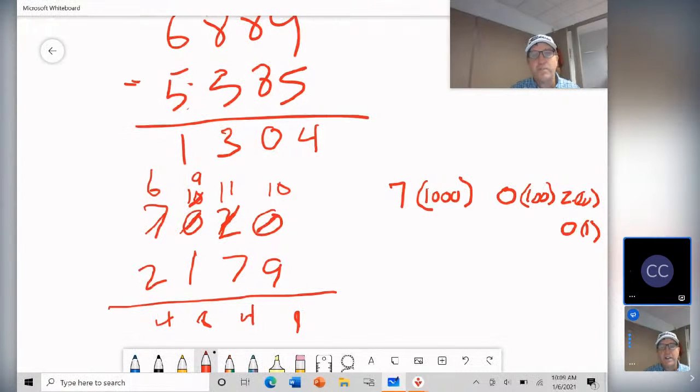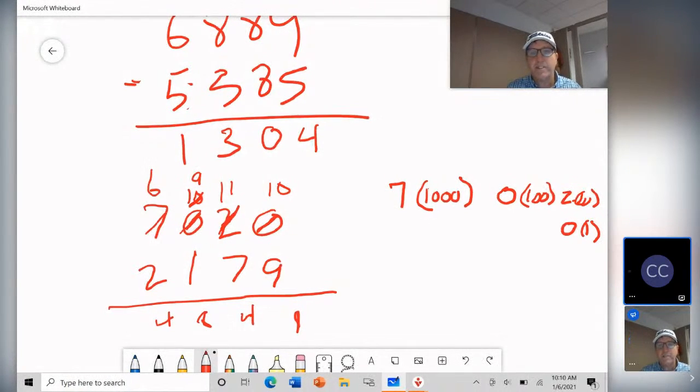We're just moving, like if it's dollars, we would borrow $100 bills, which equals 1,000. Or we'd borrow 10 $10 bills, which equal 100. Or we borrow 10 $1 bills, which would be a 10.